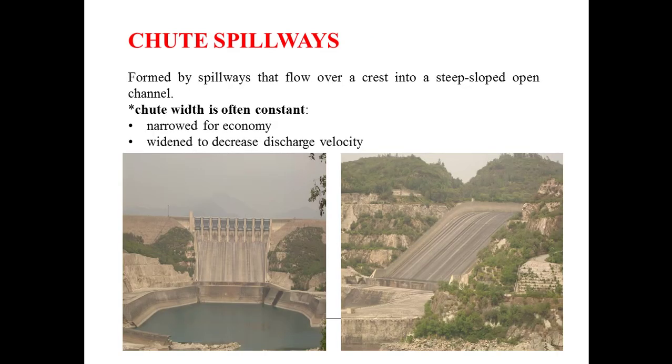Next one is the chute spillway. It is formed by spillways that flow over a crest into a steep slope open channel.